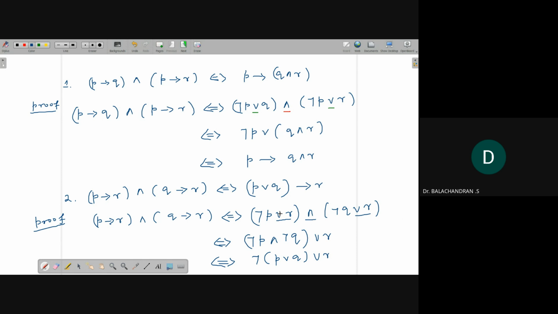So I'm going to take R separately. So remaining what? Negation P and negation Q. Okay, from here to here I'm using De Morgan's law.